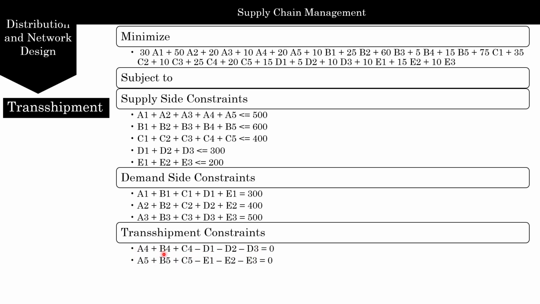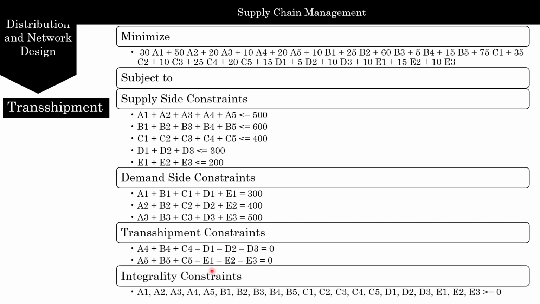So A4 plus B4 plus C4 is equal to D1 plus D2 plus D3. You move them all together, then you basically subtract D1, D2, D3 from A4, B4, and C4, and that'll be equal to 0. So whatever is incoming is equal to whatever is outgoing, and that becomes an inflow. And then you have the integrality constraints. So once you've got this, let's talk about how to set it up in Excel.